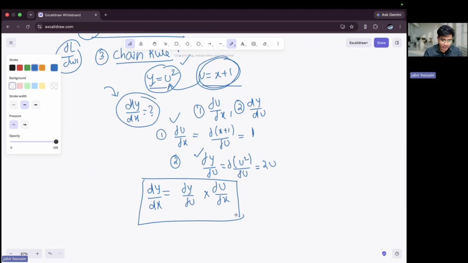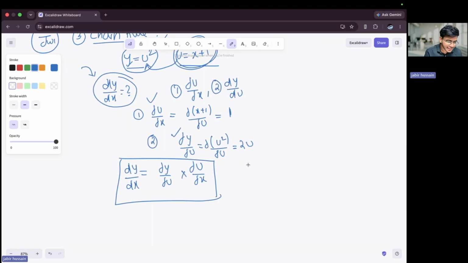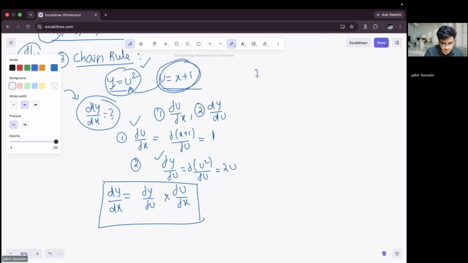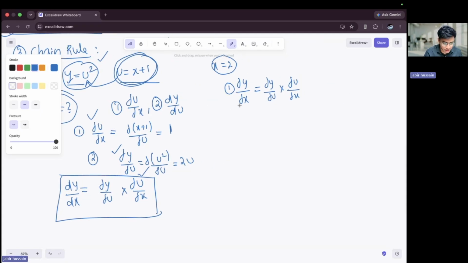Okay, can we verify it? Let's verify it. Let's assume that x is equal to 2. First of all, I'll go with my chain rule. My chain rule says dy by dx is equal to dy by du cross du by dx. If I put the values here, this gives me 1, and this gives me 2u, and u is x plus 1, so 2 into x plus 1.